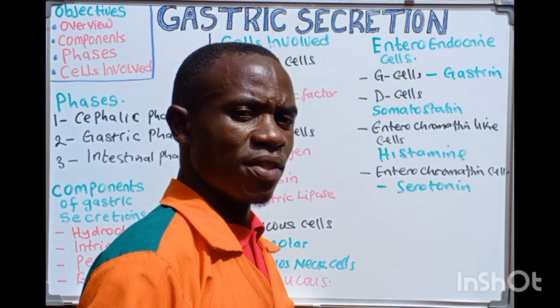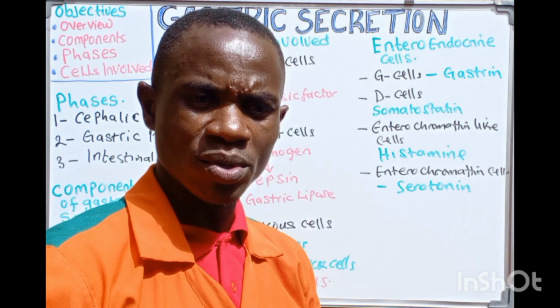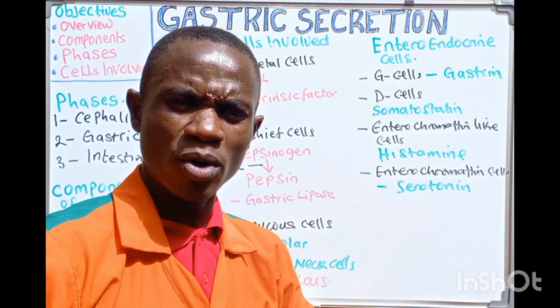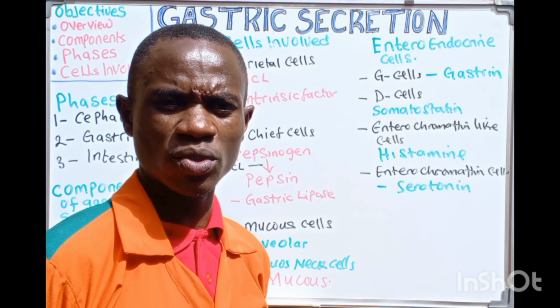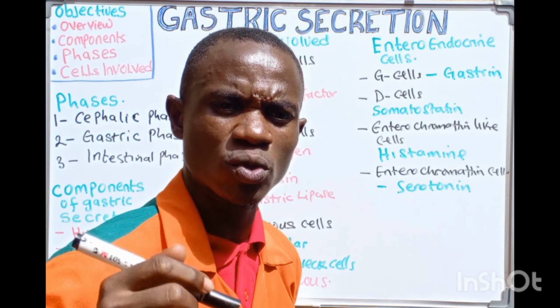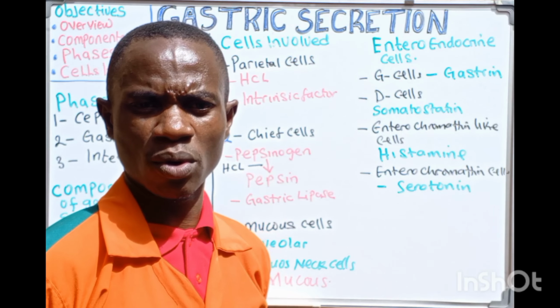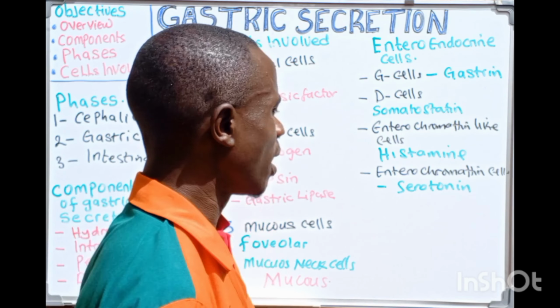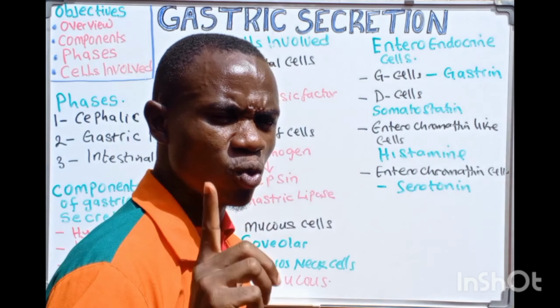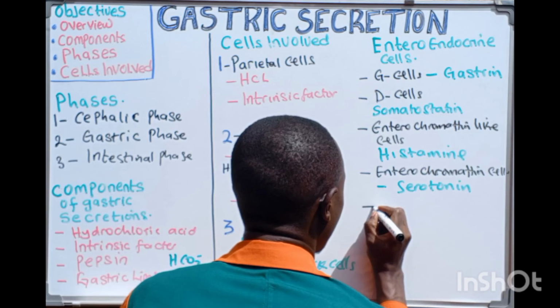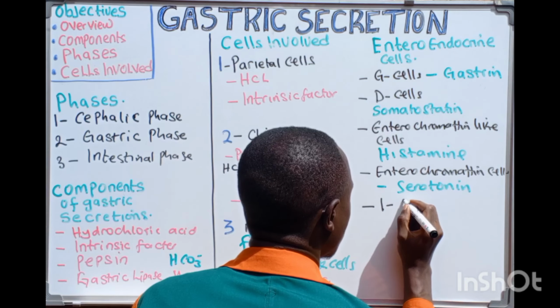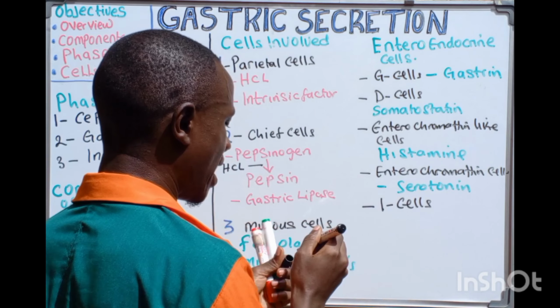Then we also have some other cells that we will talk about much during the intestinal phase of gastric secretion. They reside mainly in the intestines, particularly the duodenum. The first, very important one is the I cell.